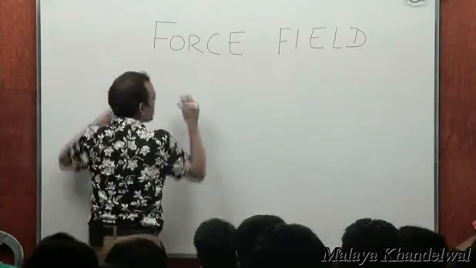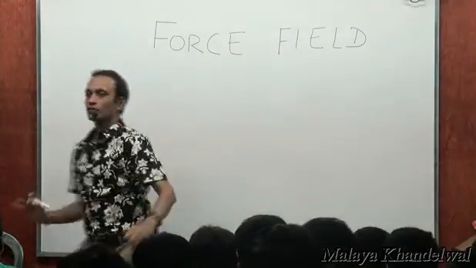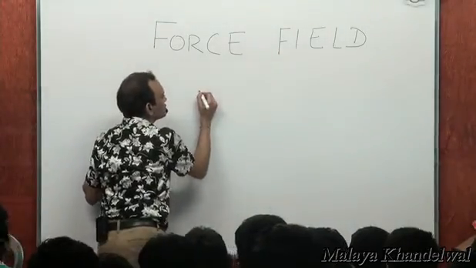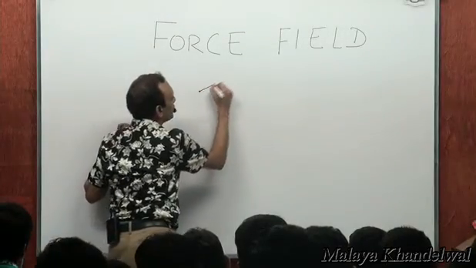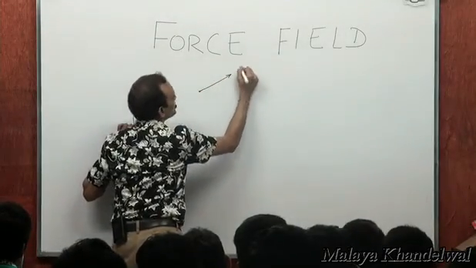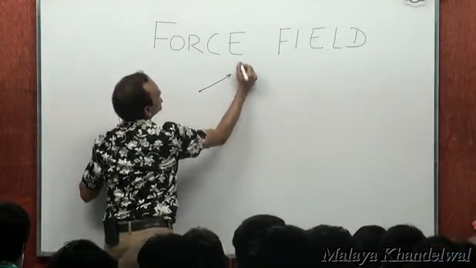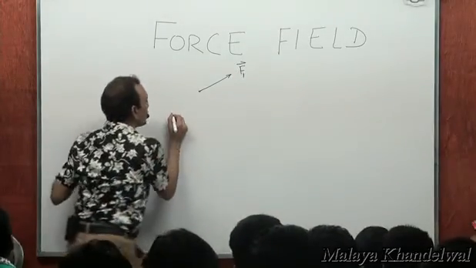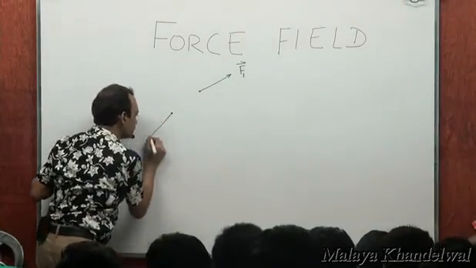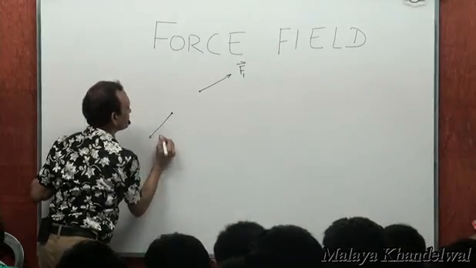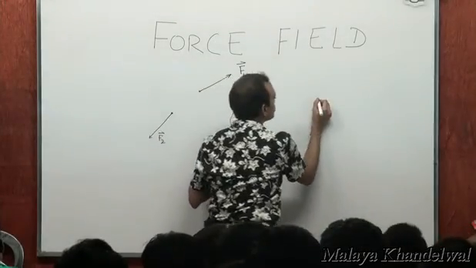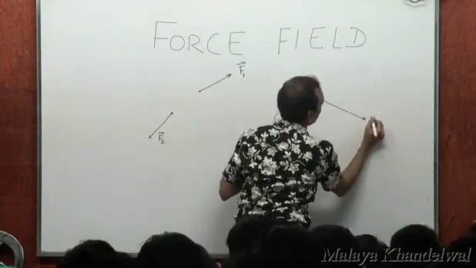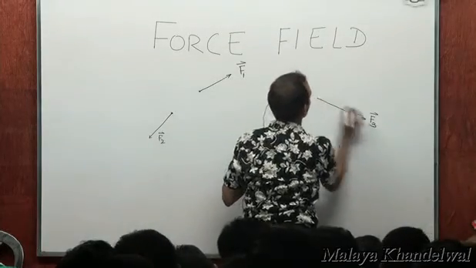Which means this is the certain region of space. At every point of this region, let's say this is a certain point. If a test particle is placed at this point, then there is a predetermined force F1 that will act on that particle when placed at this point. When the particle passes through this point, the force acting on the particle will be F2. Let's say when the particle passes through this point, the force acting on the particle will be F3, and so on and so forth.